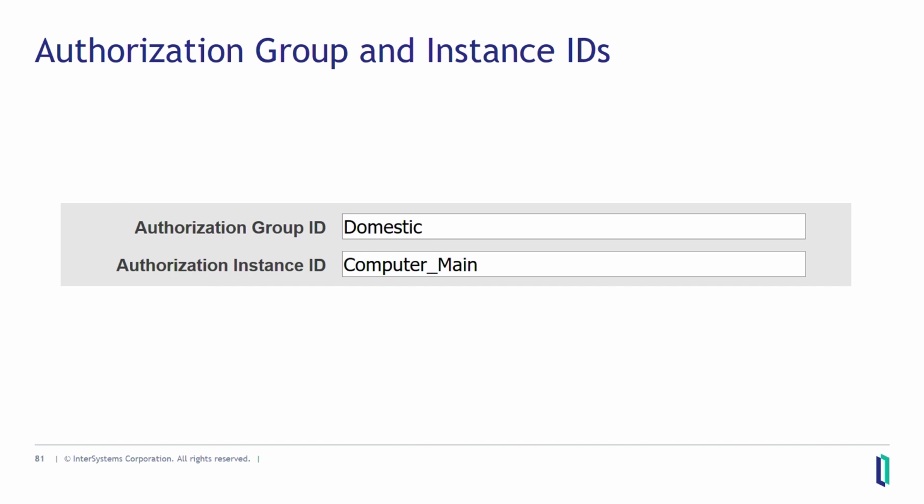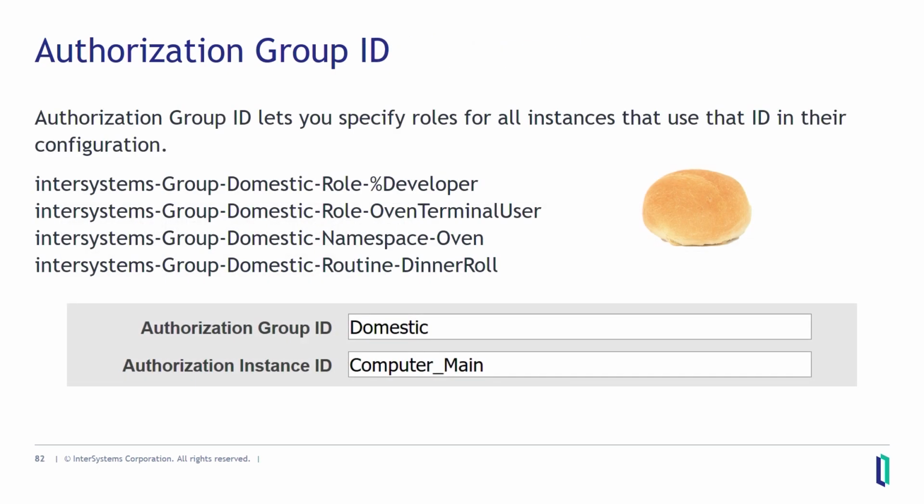You can specify an authorization group ID and an authorization instance ID. You can specify these to be whatever you want, and then you can change your LDAP group names to include them. So, authorization group ID lets you specify that this role, this namespace, this routine should be for this particular group.